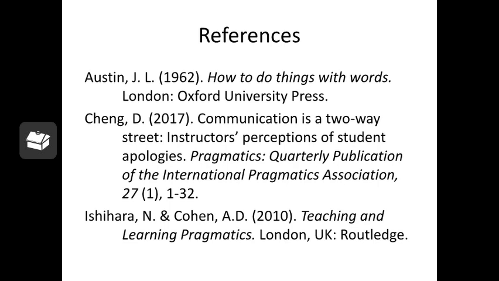And you can actually find the reference entry of this one at the end of our textbook in the references section. And the title of the Thomas article is Cross-Cultural Pragmatic Failure, and that one is published in the journal Applied Linguistics in 1983.